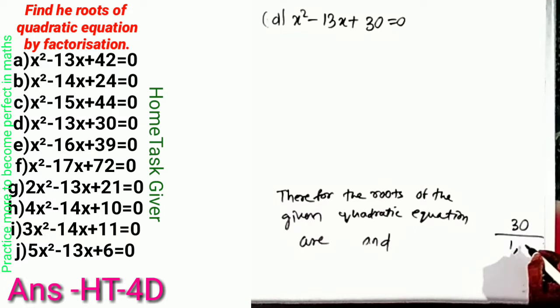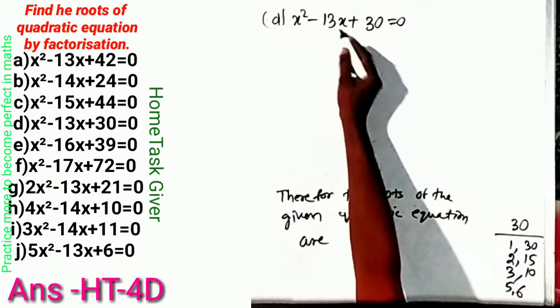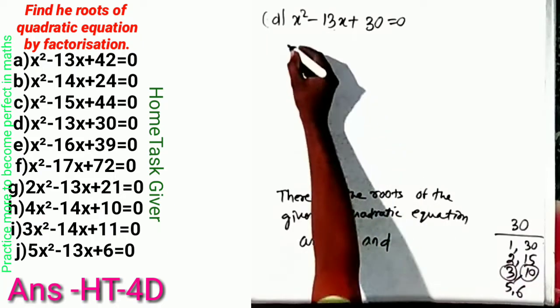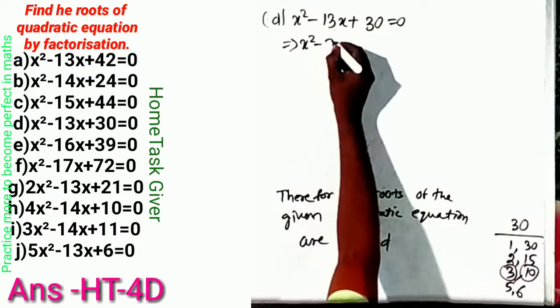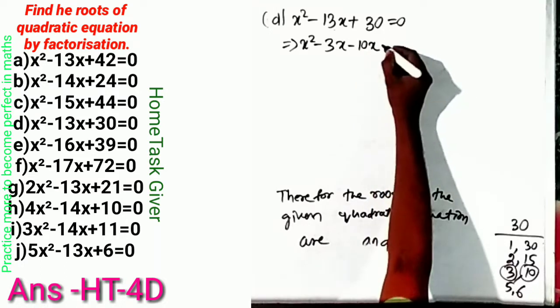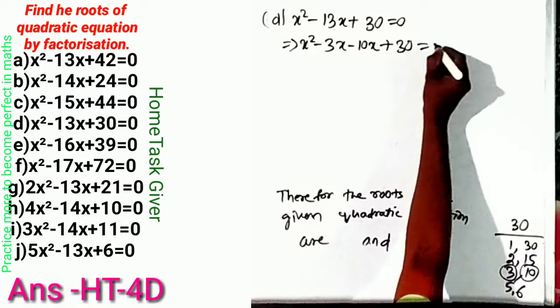Factorize it: 1 and 30, 2 and 15, 3 and 10, 5 and 6. So here we have to split 13x so that the product is 30x square. So here the two terms are 3 and 10. So x square minus 3x minus 10x equal to minus 13x plus 30 equal to 0.